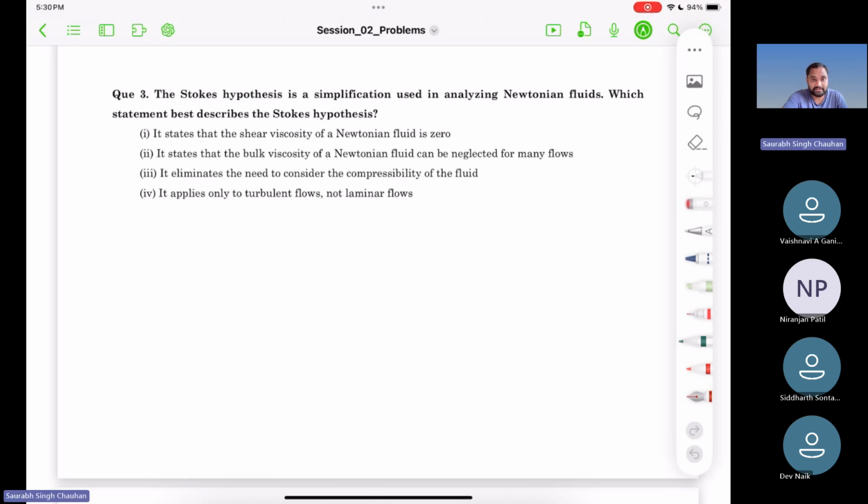There is an assumption called the Stokes hypothesis. We assume that the fluid is following the Stokes hypothesis, and using this assumption, we simplify the Navier-Stokes equations. So what is that hypothesis? What is that assumption?